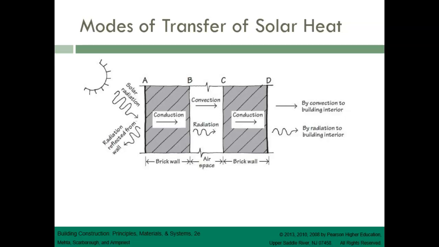During the process of heat transfer through a building envelope, that's the outside skin of the building, all three modes usually come into play simultaneously. Thus, to reduce heat transfer through the envelope, all three modes must be considered, and the heat transfer potential of each mode must be reduced.